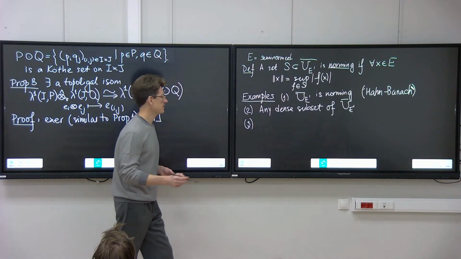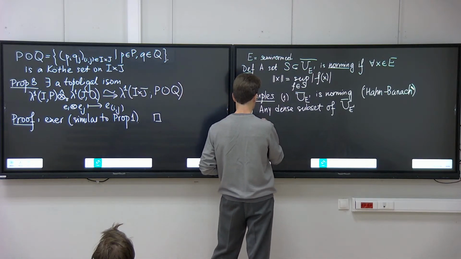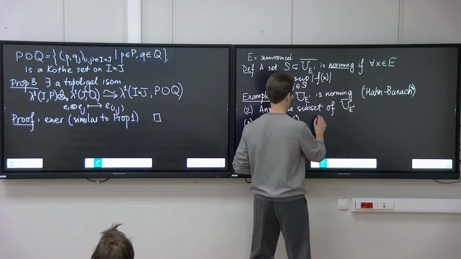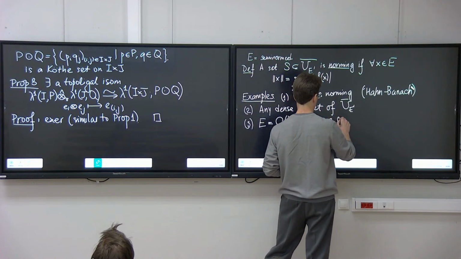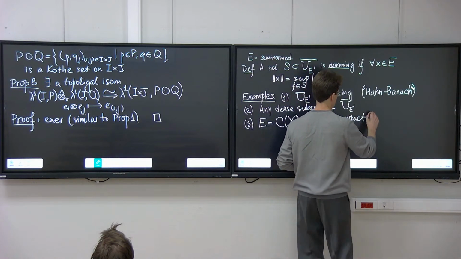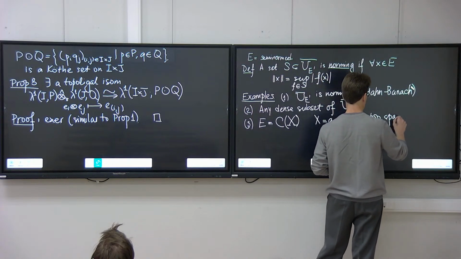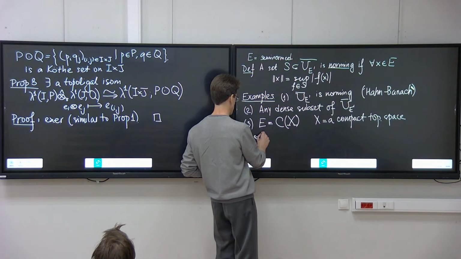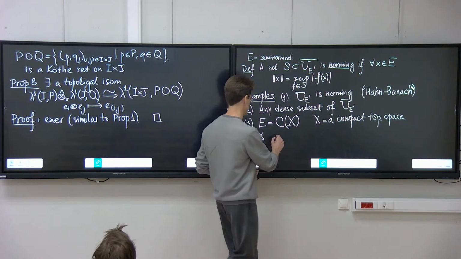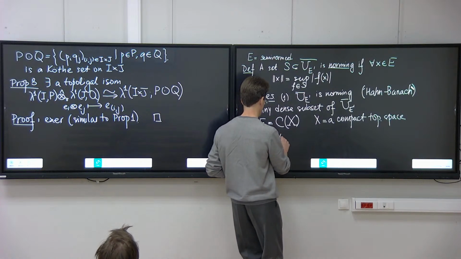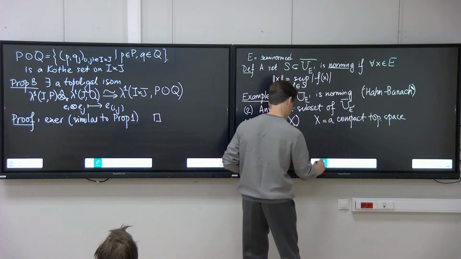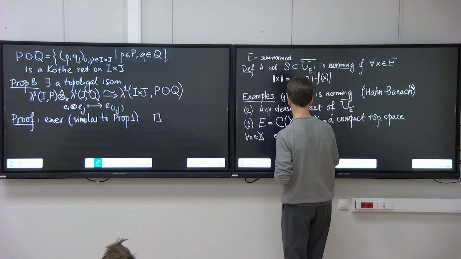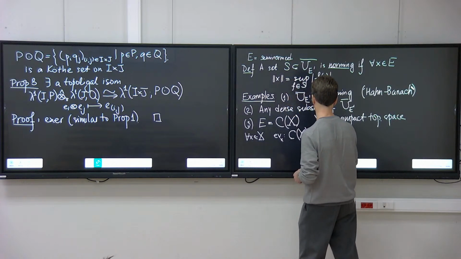Example 3. Suppose that E is the space of continuous functions on a compact topological space X. And for every point, little x, let's consider the evaluation functional at this point, which takes every function f to f of x.